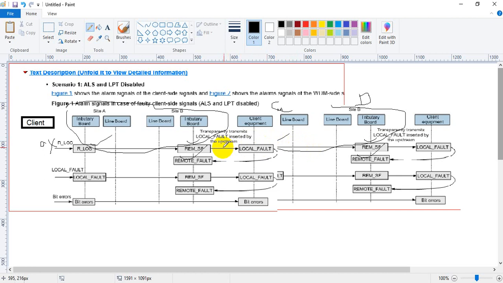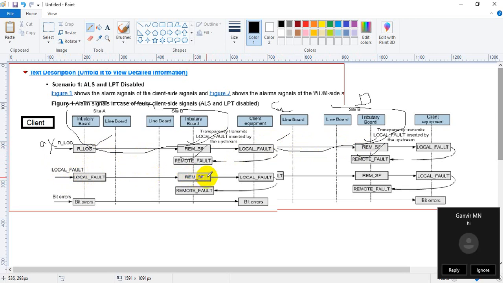Further, the impact is the same. Now I will explain that local fault. When I get a local fault, at B and at the downstream end the results are the same: remote signal failure, then local fault is inserted, and then I get back the remote fault.